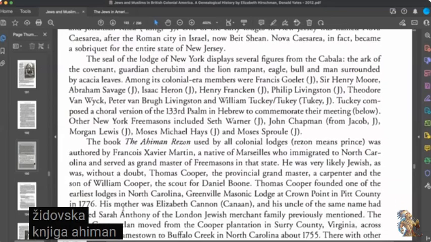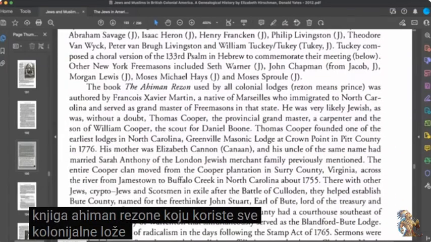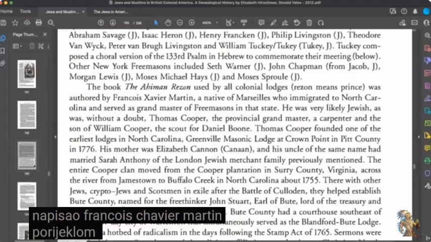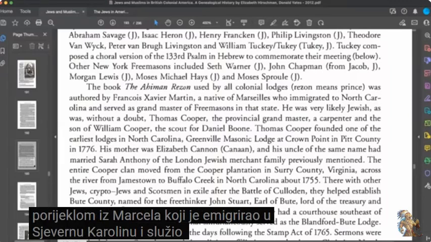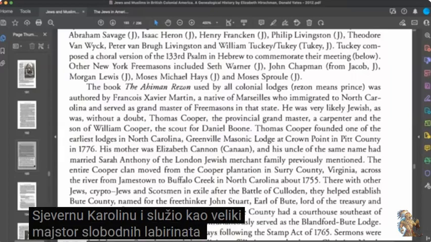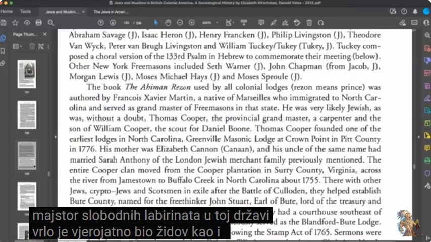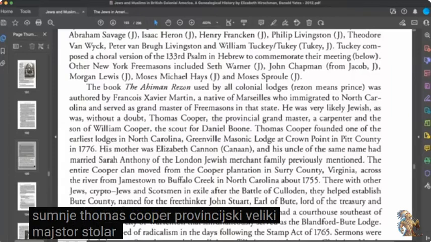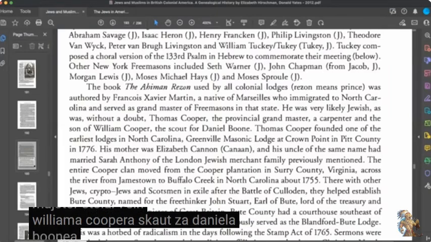The book, the Ahiman Rezon, used by all colonial lodges, Rezon means prince, was authored by Francois Xavier Martin, a native of Marseilles, who immigrated to North Carolina and served as Grand Master of Freemasons in that state. He was very likely Jewish, as was without a doubt Thomas Cooper, the provincial Grand Master, a carpenter and the son of William Cooper, the scout for Daniel Boone.